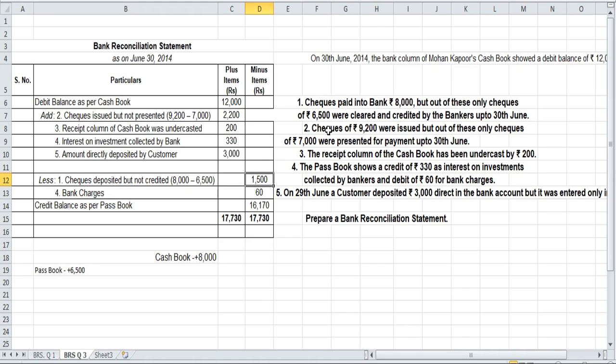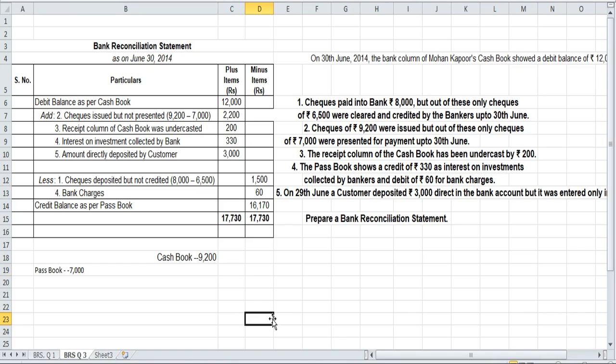Okay, then second one, checks of 9200 were issued, but out of these only checks of 7000 were presented. So here the checks worth of how much, minus 9200 we have given out, but from the passbook the check worth of only 7000 has been given out.